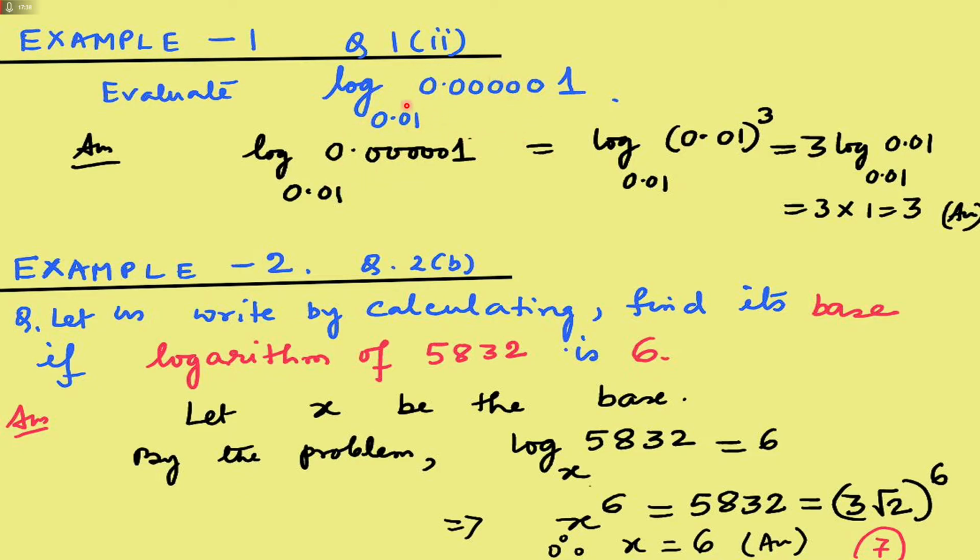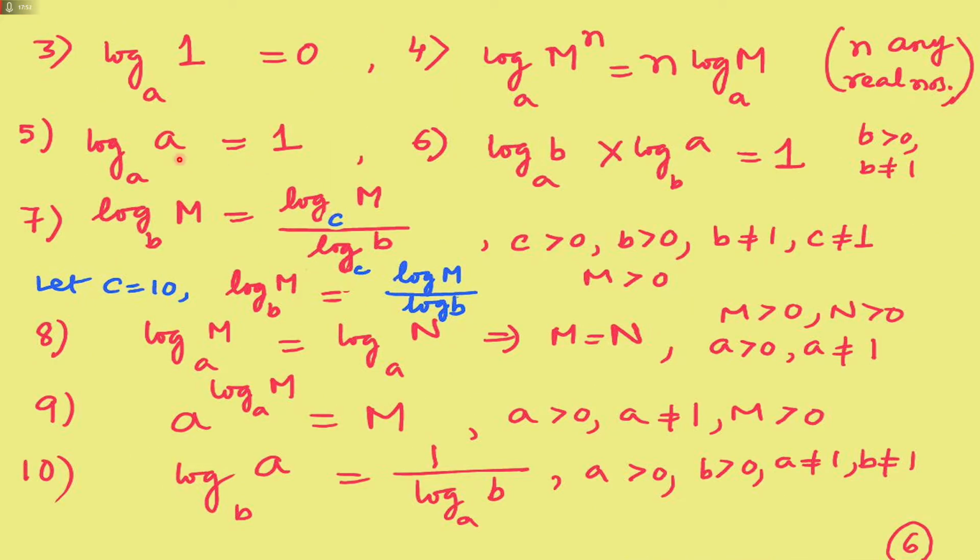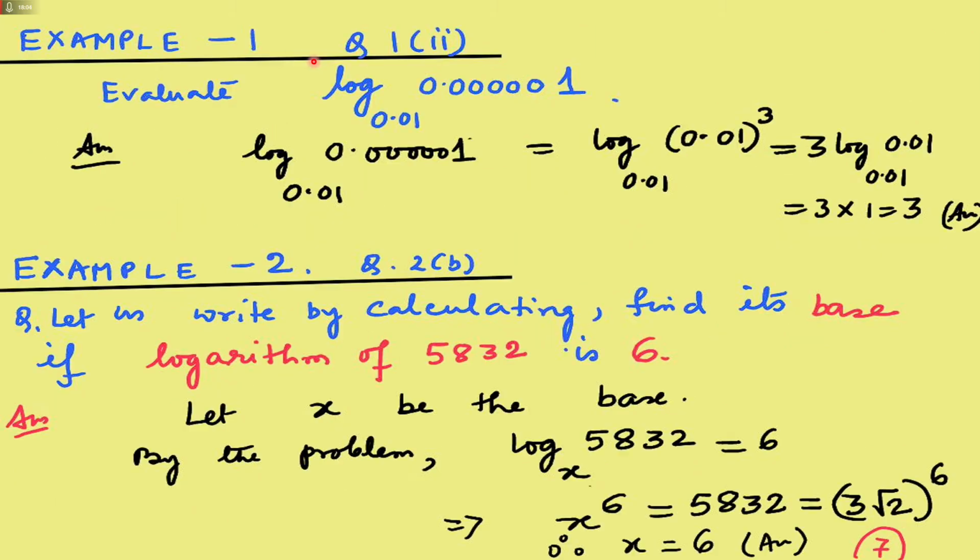For this type of example, you should remember that you have to express this value in power of this base, because we are trying to get this type of relation, log a base a, which will give you a number, or log 1 base a, which will give you some number. So evaluation means it will give you some number.